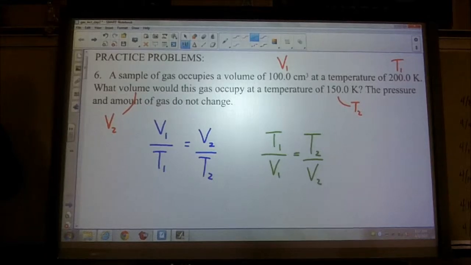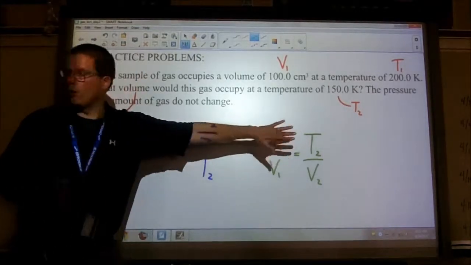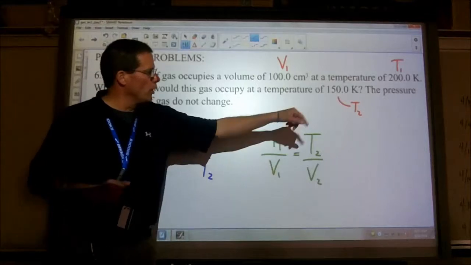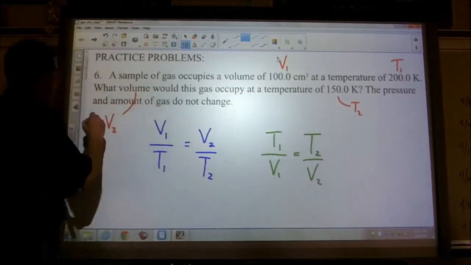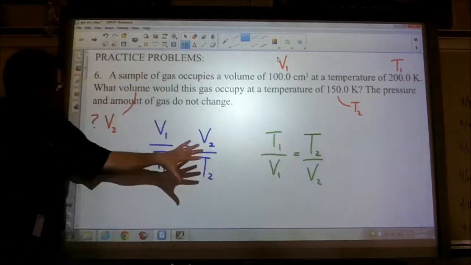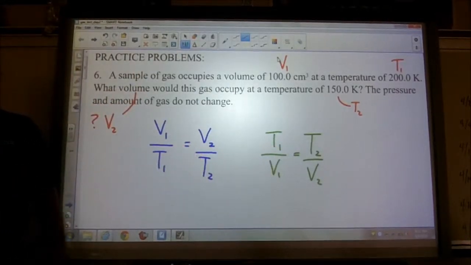What we want to do is identify what variable we're looking for, and make sure it is on top, in the numerator. So we know V1, we know T1, we know T2. It's actually V2 that we're looking for. So which of these two expressions would we use?